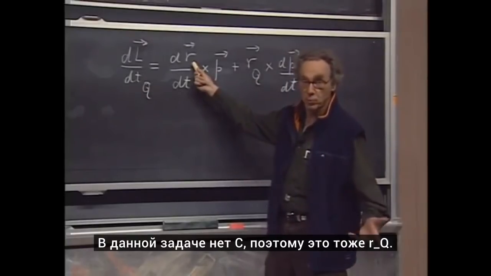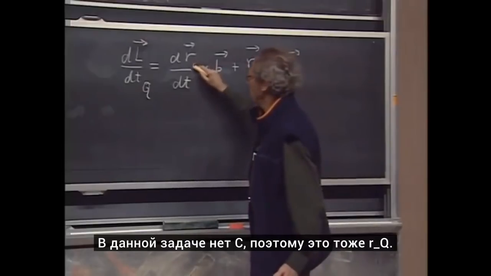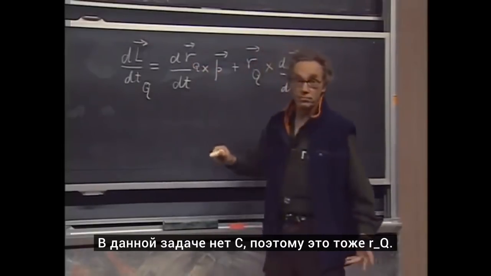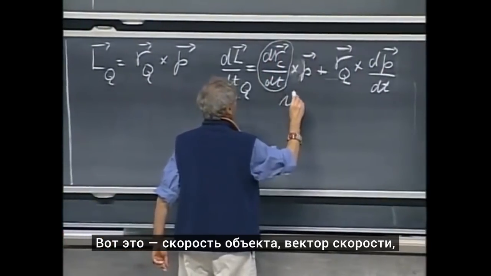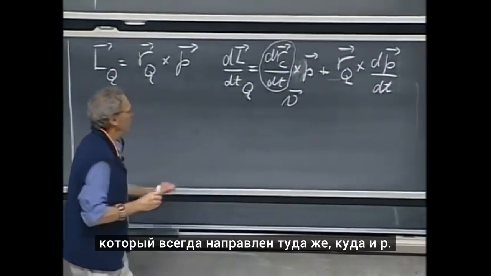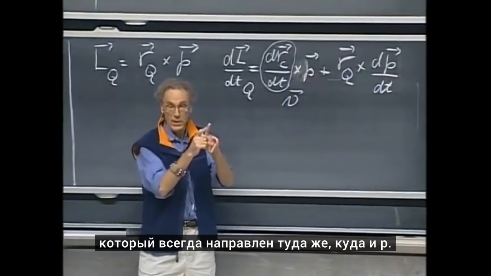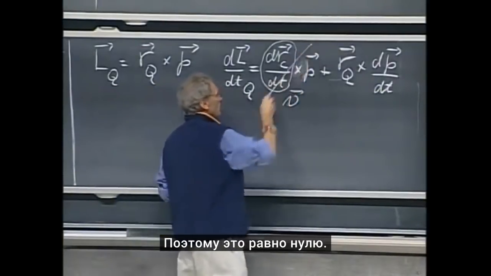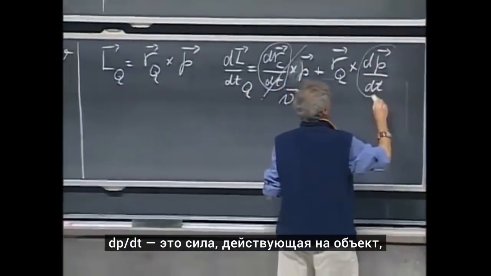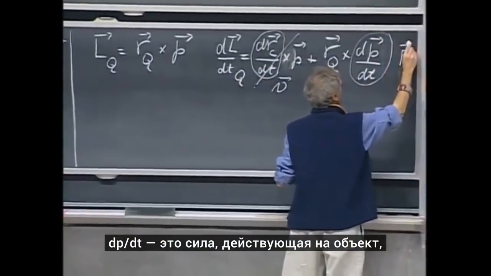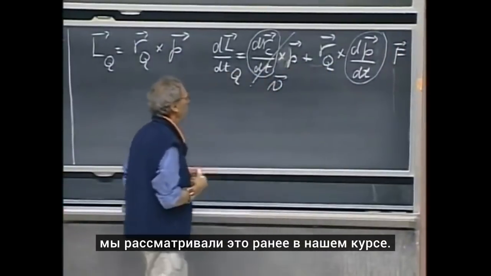There is no C in this problem, so this is also r of Q. Sorry for that. This here is the velocity of the object, the velocity vector, which is always in the same direction as p. So this is 0. dp/dt, that is the force on the object. We've seen that before in 801.